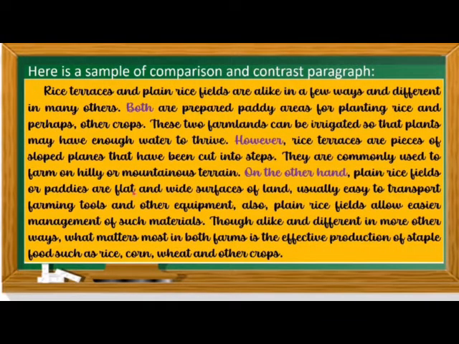This paragraph shows comparison and contrast. So as you can see here, the signal words used were both, however, and on the other hand. So you can just pause this video again so that you can read it.